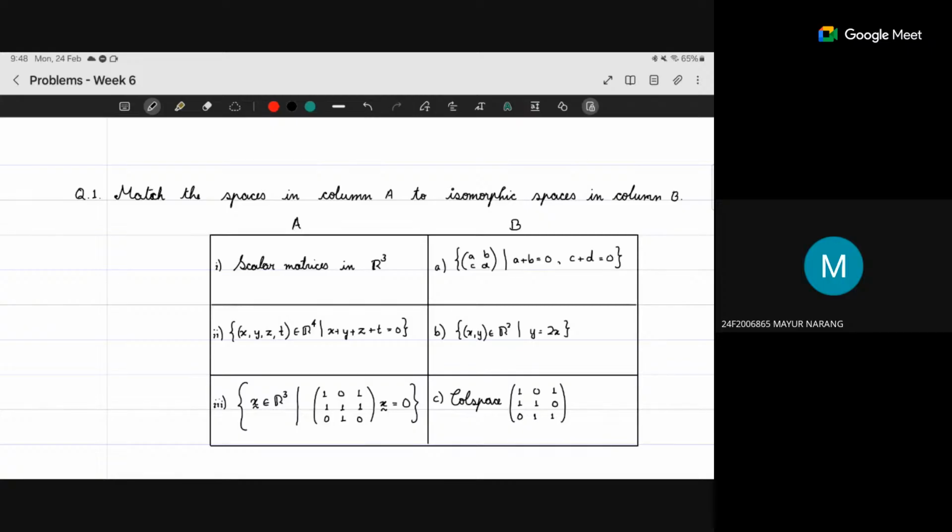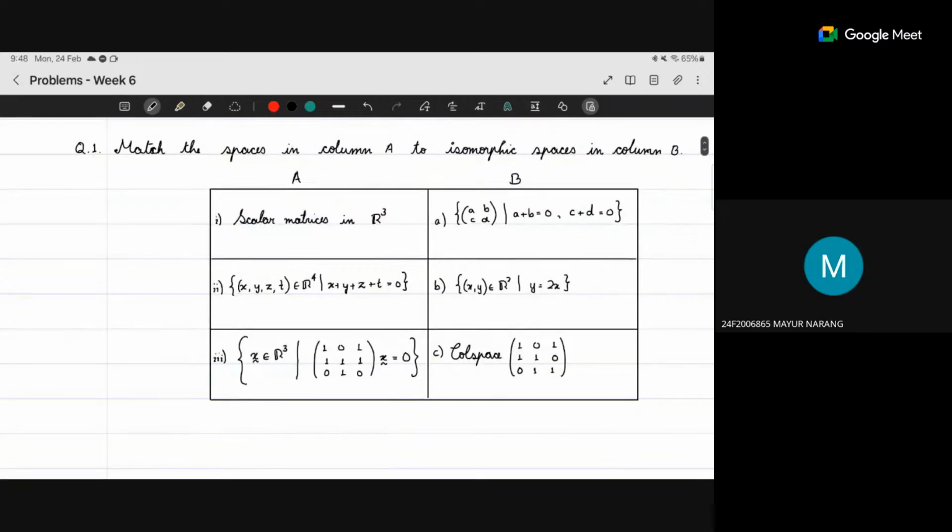Before we try to answer the question itself, we are dealing with the concept of isomorphisms of vector spaces. Now, when are two vector spaces isomorphic? What is the condition? The transformation has to be both one-one and onto, sir.